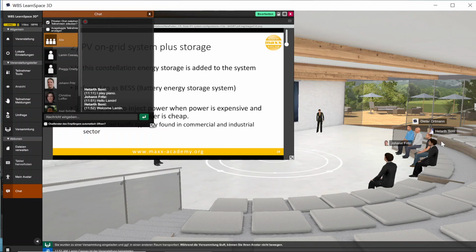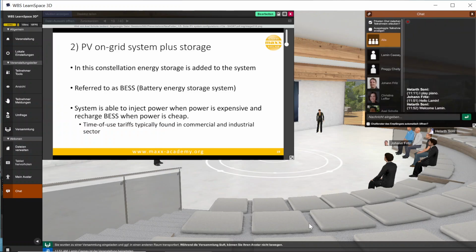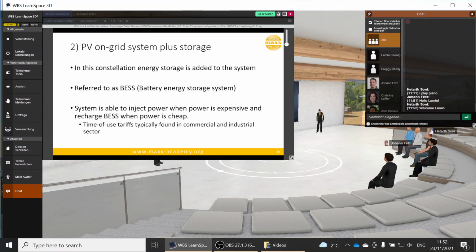And there are more services that can also shift your peak, if you have maximum demand charges, and reduce it, which again leads to backup power.